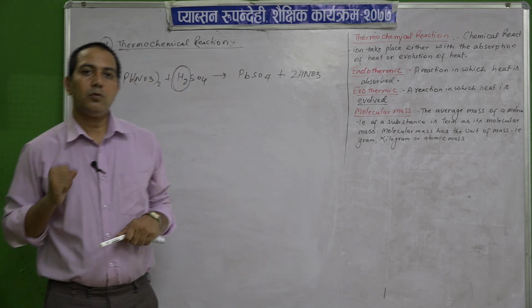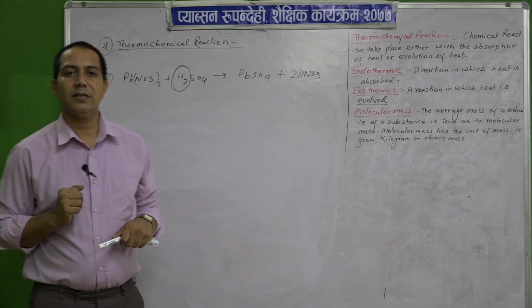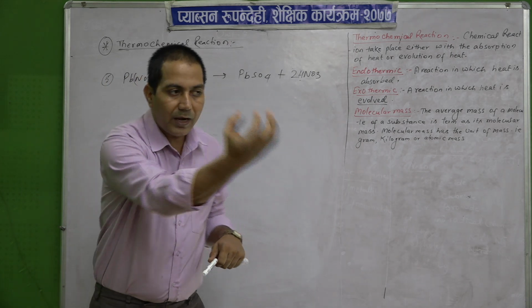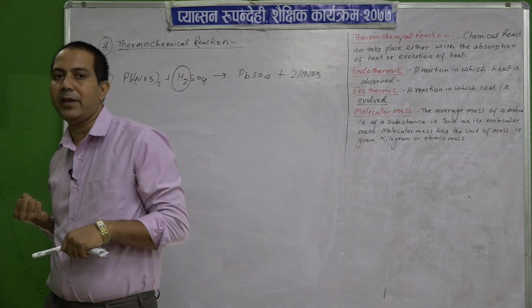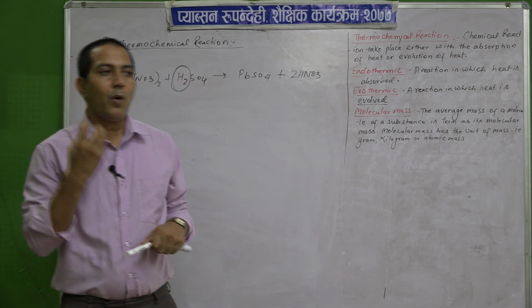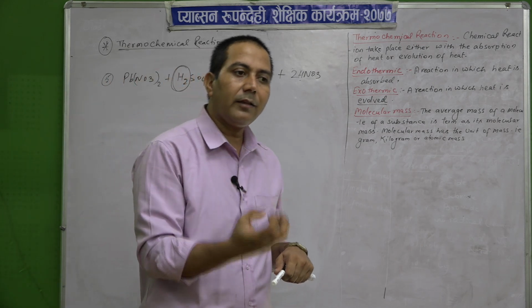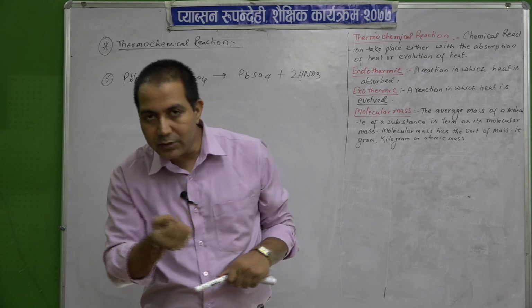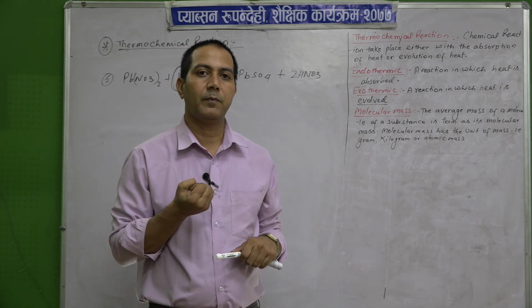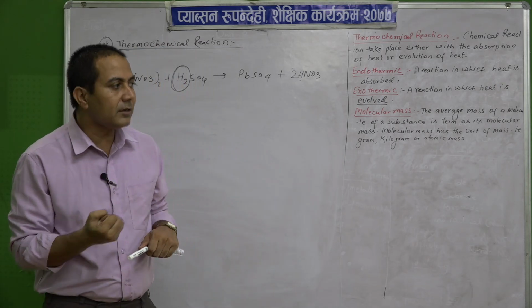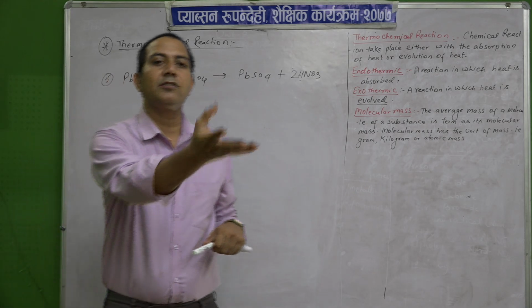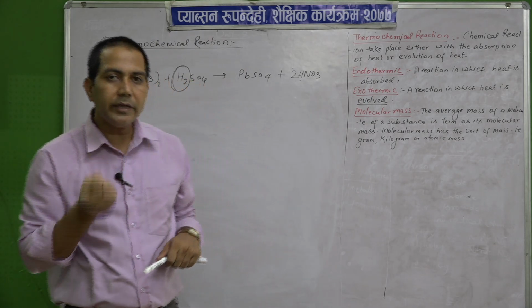Now, two types of chemical reactions are there. One is absorption of heat, isn't it? One type of chemical reaction in which heat is absorbed for the reaction to take place, and the other type is where heat is released.